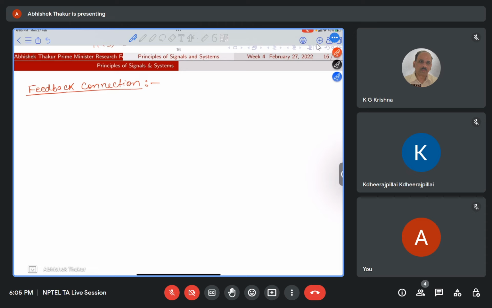If the input x(t) is given here, one feedback will be there, coming from the output end to the input.